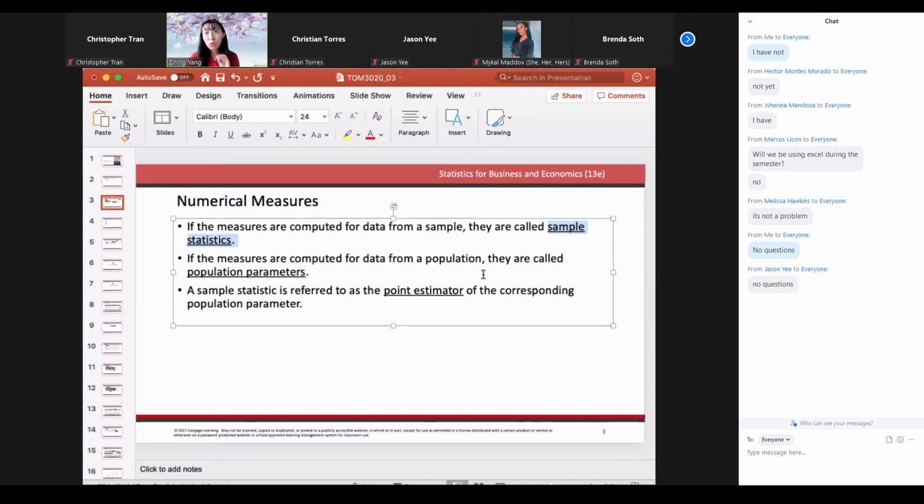But if we do the calculation from the population, all the numbers without missing anything, even though it's the same calculation, like calculating the average, that number will be called a population parameter. So population parameter versus sample statistic. One you calculated for the population, the other you calculated for the sample.